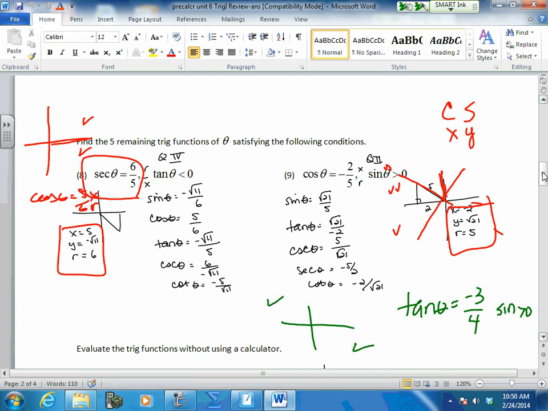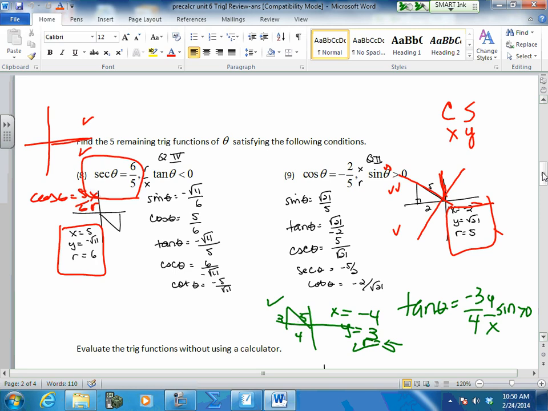Out of 2 and 4, what quadrant is sine positive? The second. So here's my angle. Tangent is y over x. Y is 3, x is 4, and r is what? 5. So when I make my information box, r is 5. Which one is negative in quadrant 2, the x or the y? The x. So my x gets the negative, not my y.